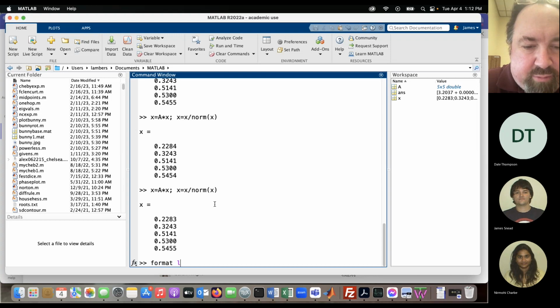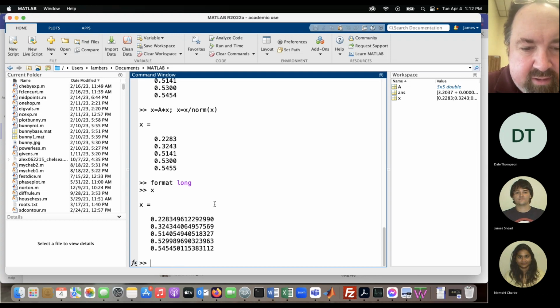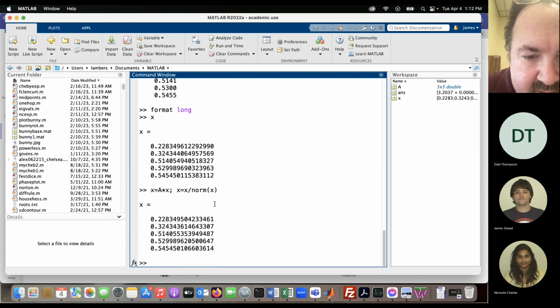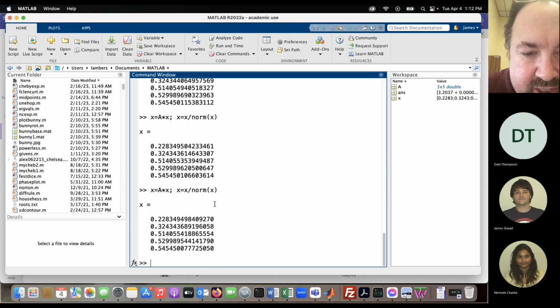If I show more decimal places, there's still some change in the lower level decimal places, but not much.